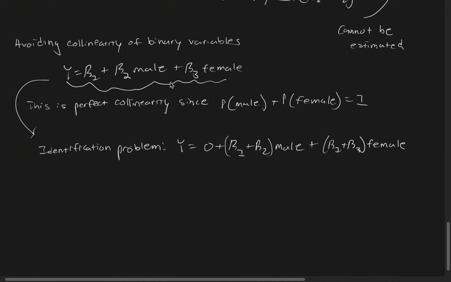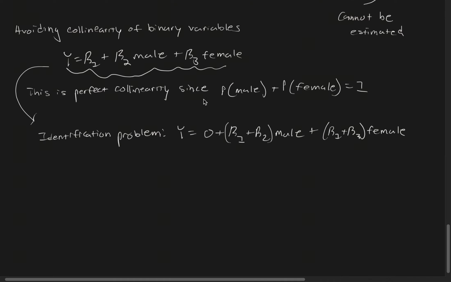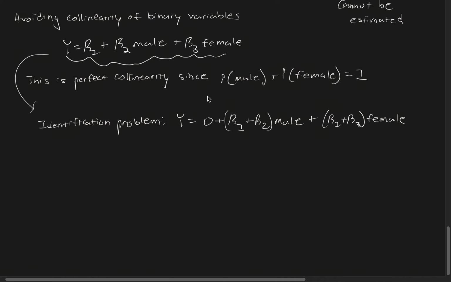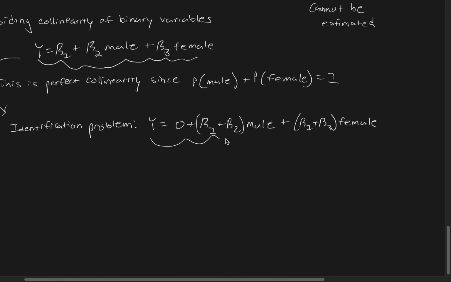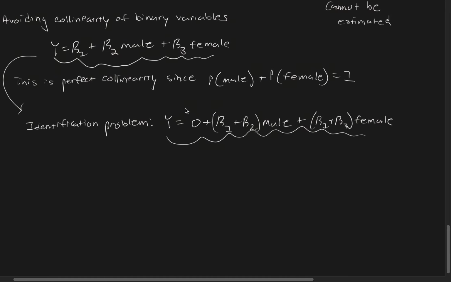They have to add up to 1. This results in an identification problem where the formula will look like this. The beta 1 belongs to both male and female because the probability of male or female has to equal 1. And we don't want that.